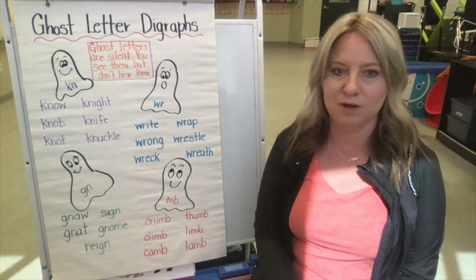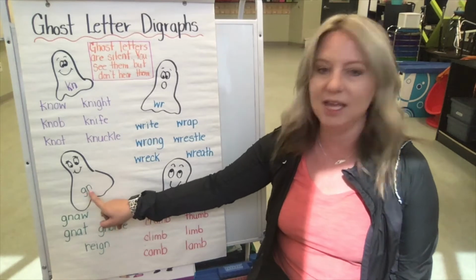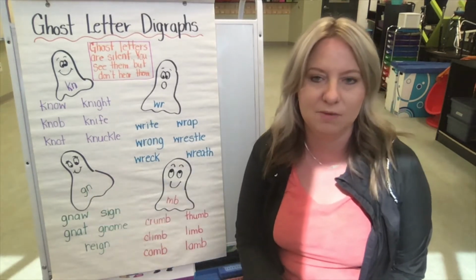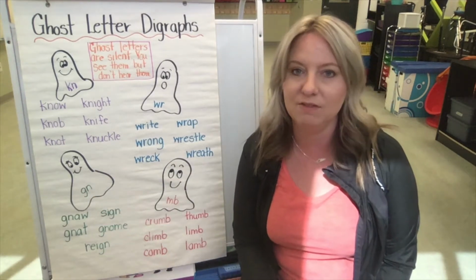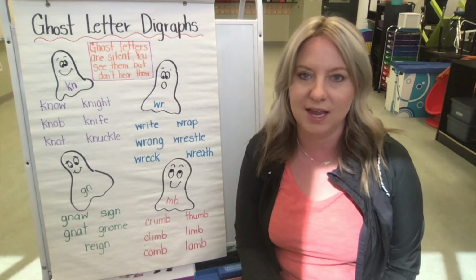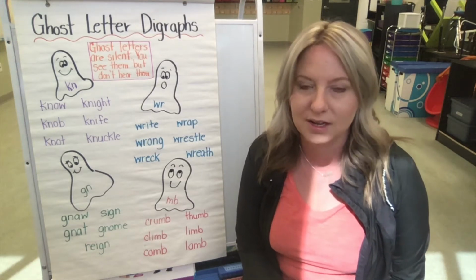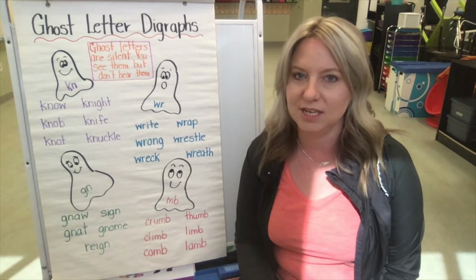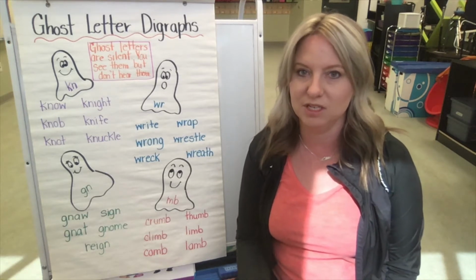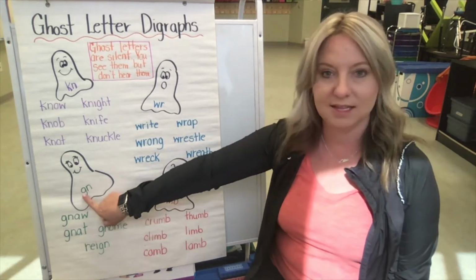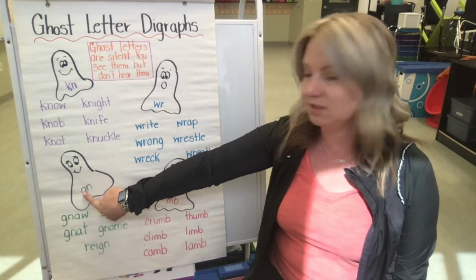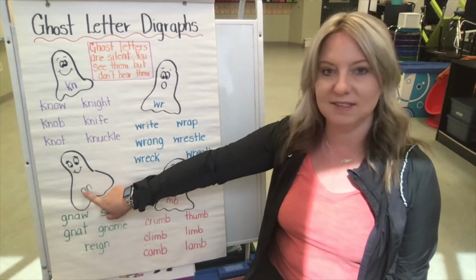Okay, the next one I want to talk to you about is GN. Now GN's a tricky one because sometimes we find it at the beginning of a word and sometimes we find it at the end or in the middle of a word. And I bet you can guess which letter is the ghost letter, which one we don't hear. It's the G. We don't say g-n, we just say n.